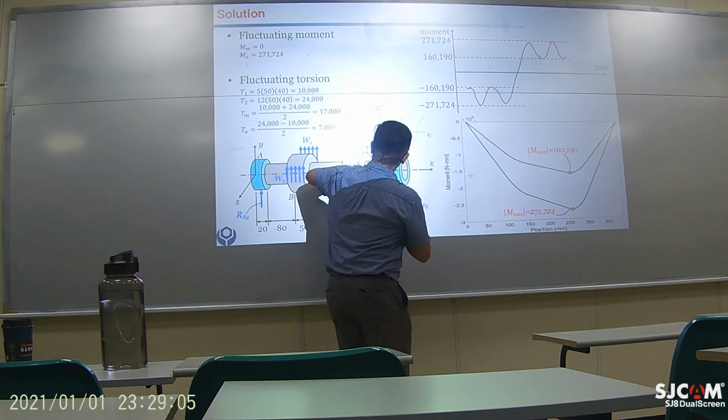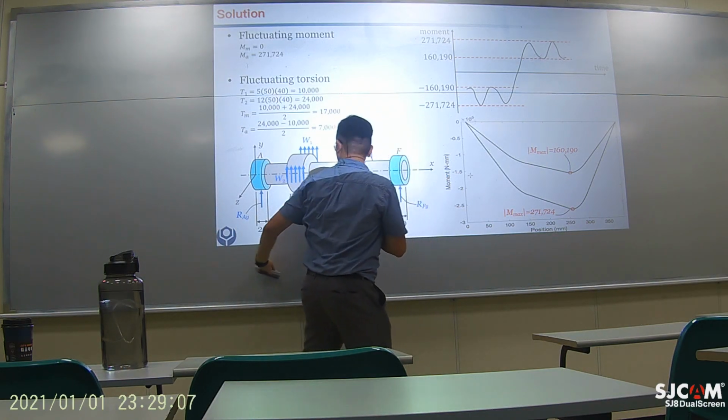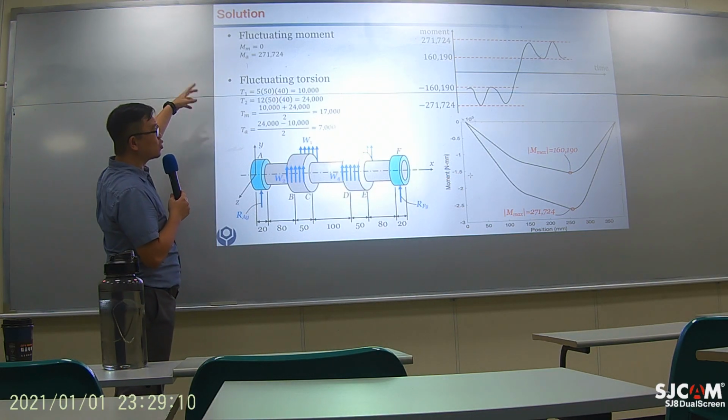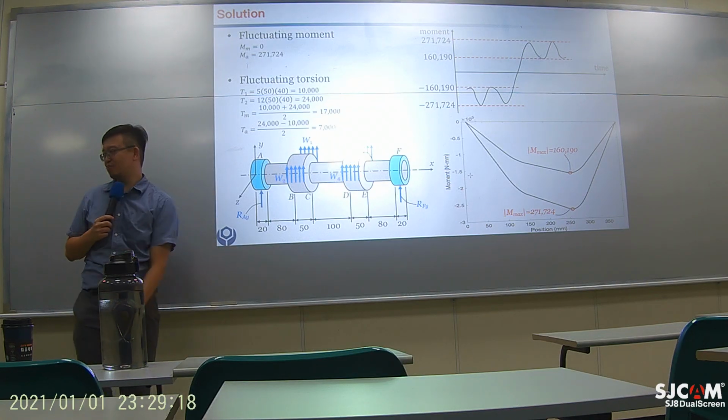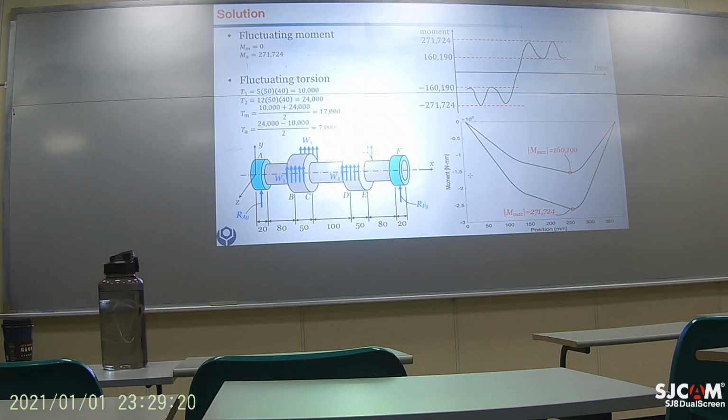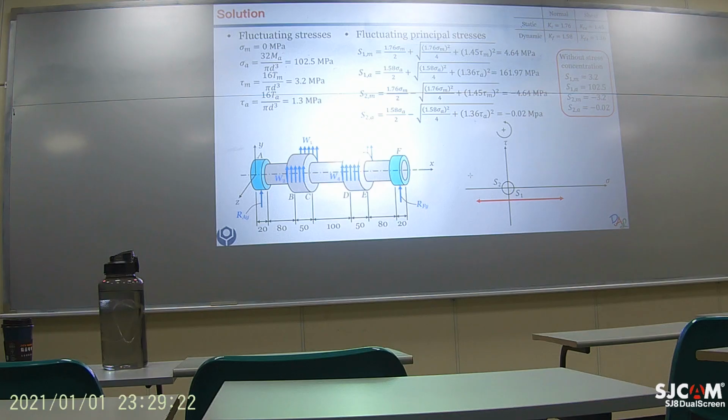Okay. So once you have those two statistical analyses on bending moment and the torsion, everything is the same for the rest. It's just different numbers. So do the same thing, plug in numbers.